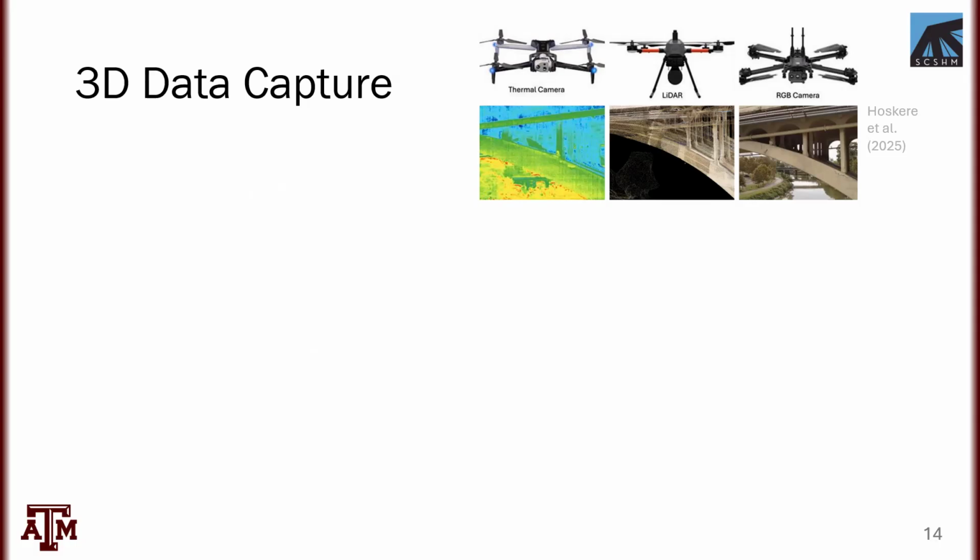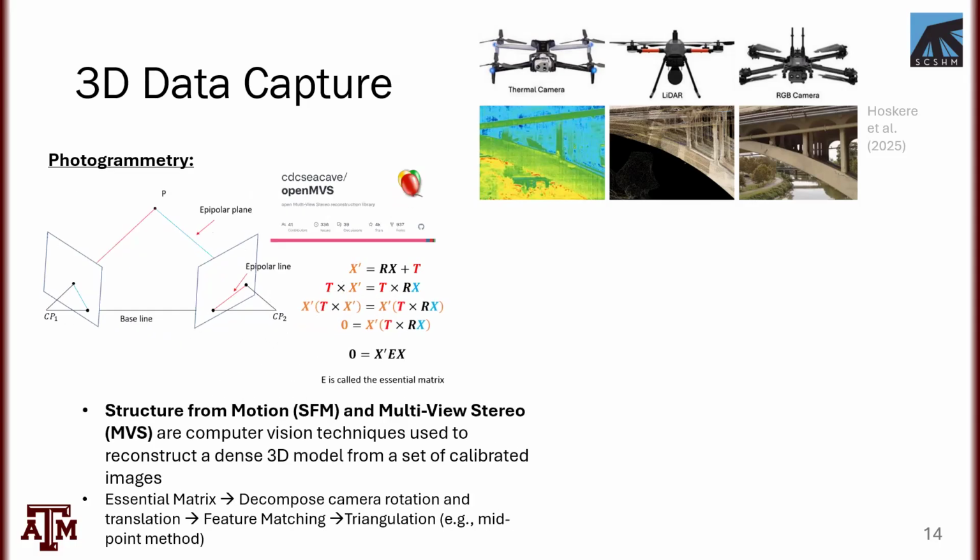But once you have your visual information, your camera footage, then we typically like to perform photogrammetry. For those that are new to the area, photogrammetry is based on the science of epipolar geometry and this concept of essential matrix.